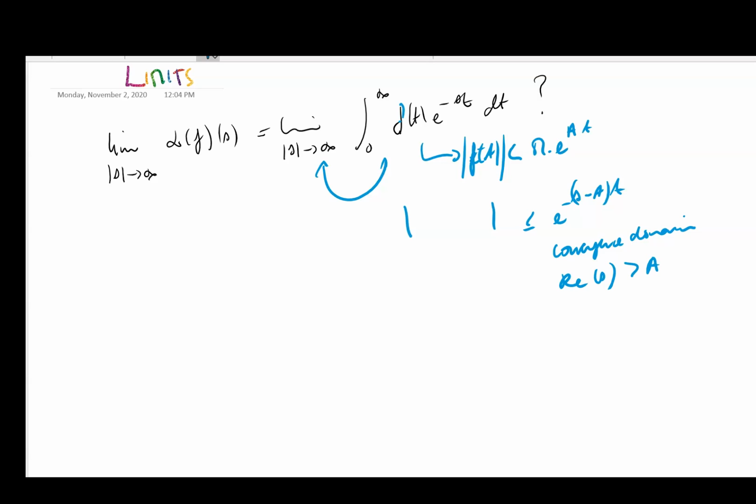Okay, and in that case, it's going to be bounded above by some integrable function, so we have no problem. You can use the usual theorems on continuity of functions defined by parameter dependent integrals.